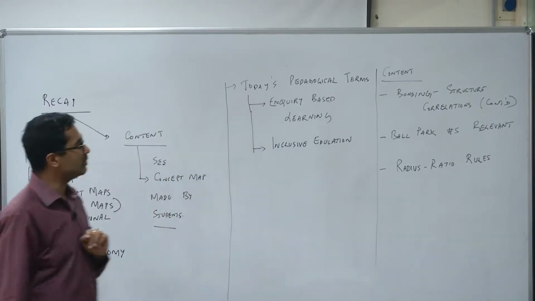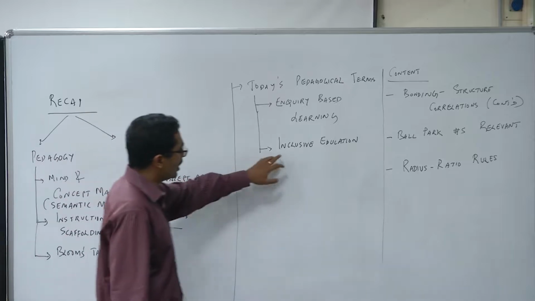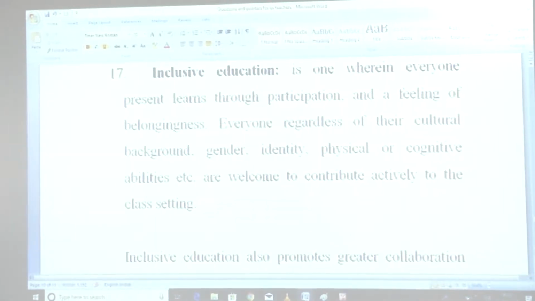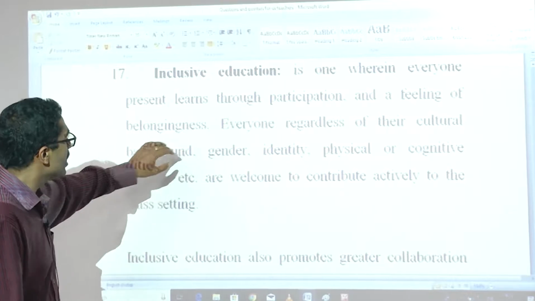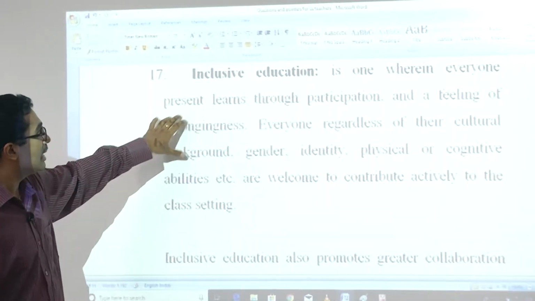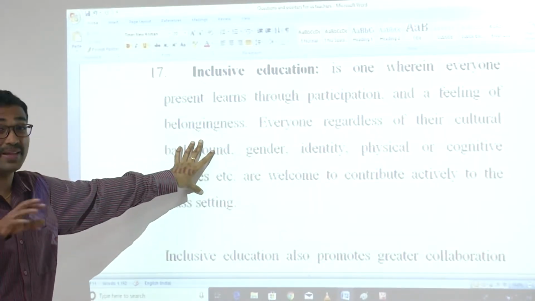And another concept which is very critical in our education system is called inclusive education. So let me show what I have written about inclusive education. So this is how I have defined inclusive education. Inclusive education is one wherein everyone present learns through participation and a feeling of belongingness. Now this is very important.